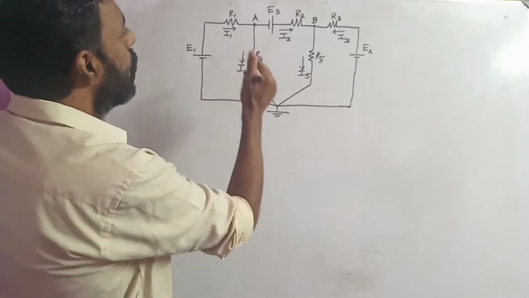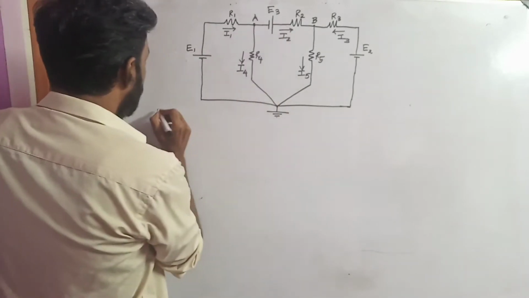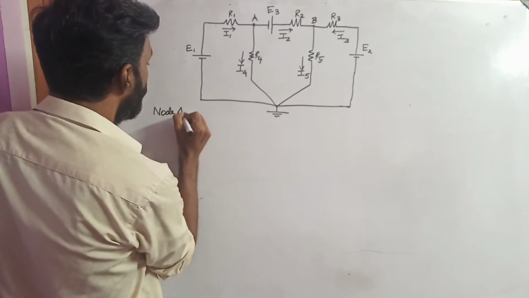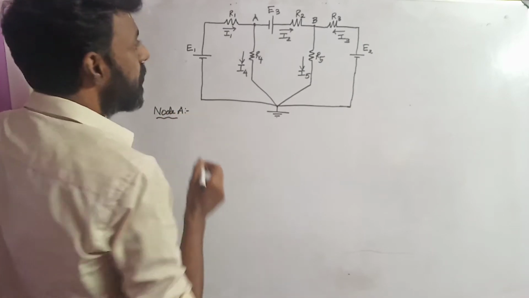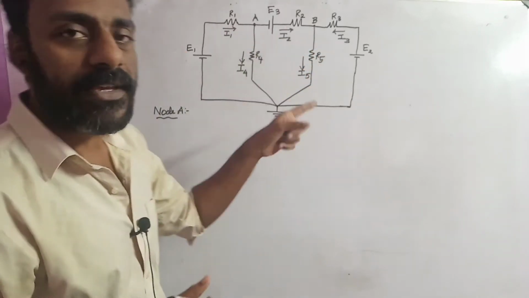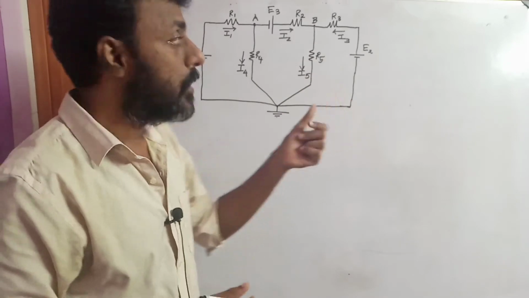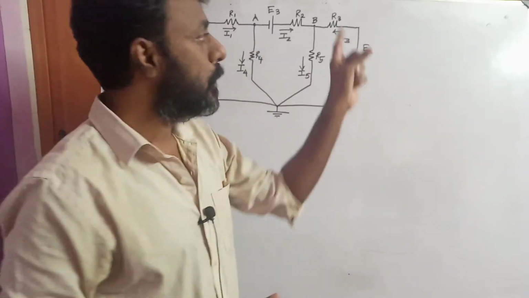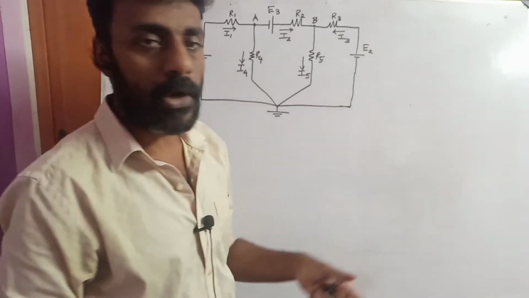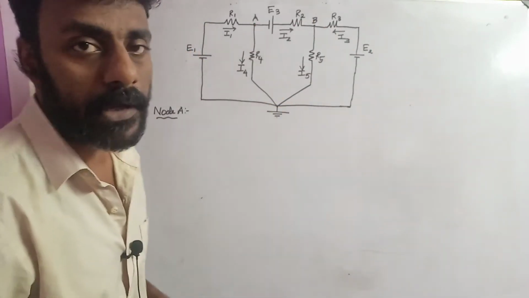Right? So we consider node A first. Since this is a nodal analysis procedure, we need to consider only Kirchhoff's current law. If this is a loop network, we need to follow Kirchhoff voltage law. So here we need to follow only the current law.